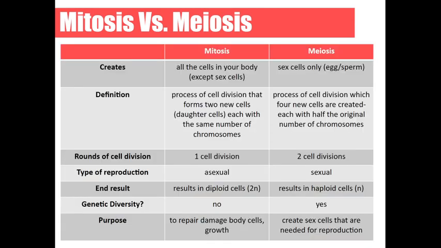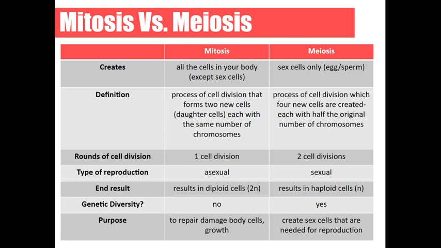Now, we have meiosis versus mitosis. Mitosis creates all of the cells in our body except for our sex cells, while meiosis uses sex cells only, so the egg and the sperm.